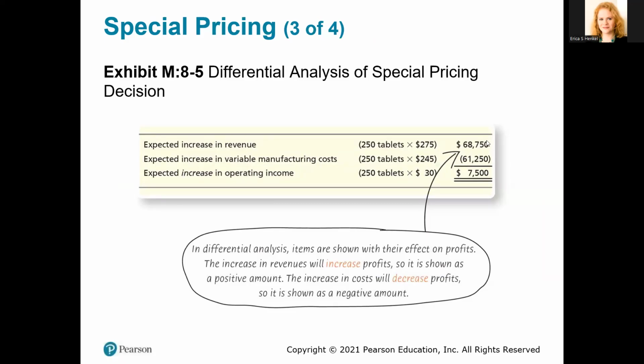So you have to consider if there are increases and decreases in revenue. Their additional manufacturing costs are $245 per tablet. So they have an expected increase in operating income here of $7,500 as a result of this order. This is just the difference, what would change, not what the total revenues were, okay?